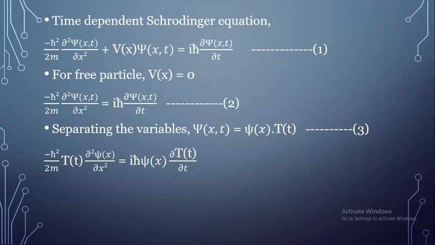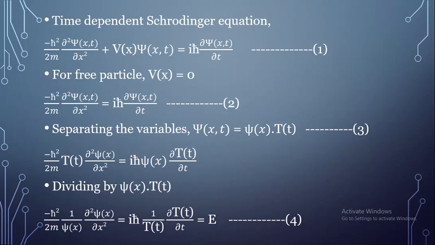For that we need to divide the equation by ξ of x into T of t. When we do that, in the first term the time dependent term cancels, and on the RHS the position dependent term ξ of x cancels out, and we are left with equation number 4.